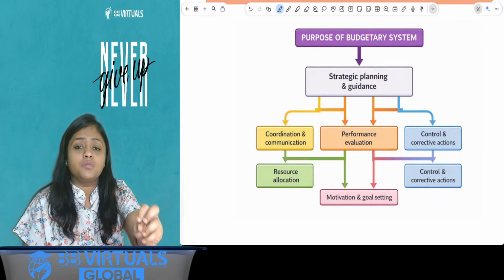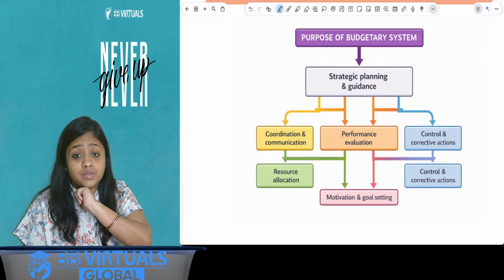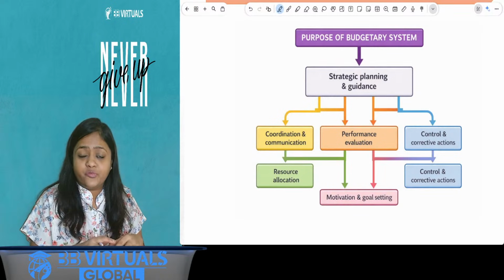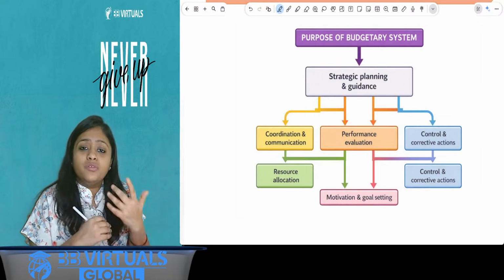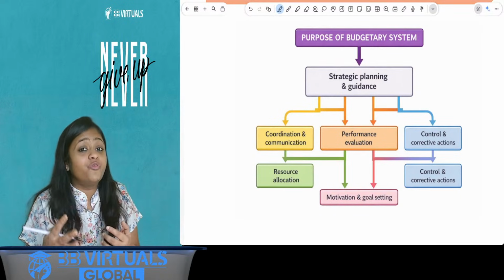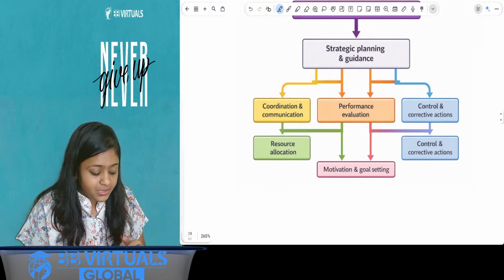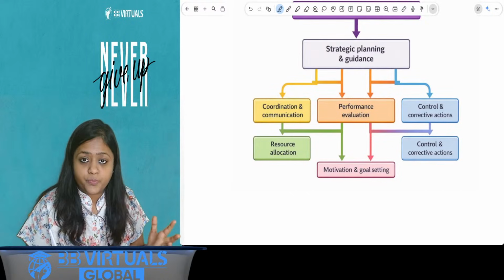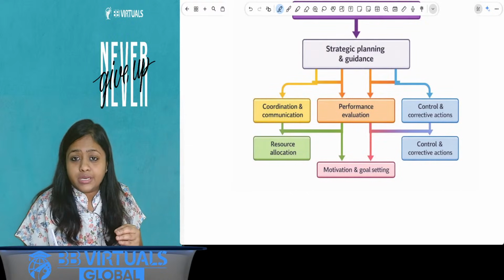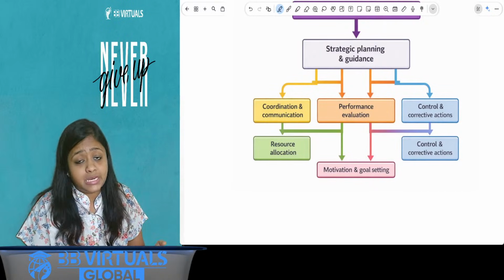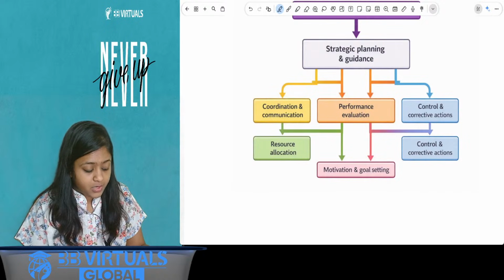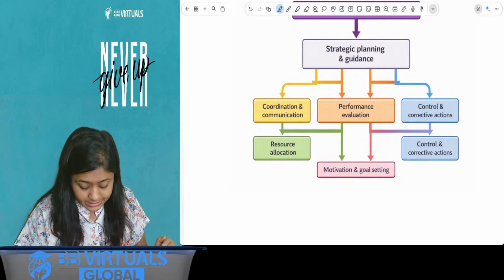If I say that material price variance is adverse, why is it adverse? Going into a deeper understanding of it, so that in future your variances convert into favorable rather than adverse. Then these are to be communicated and coordinated well with the overall objectives of the organization.